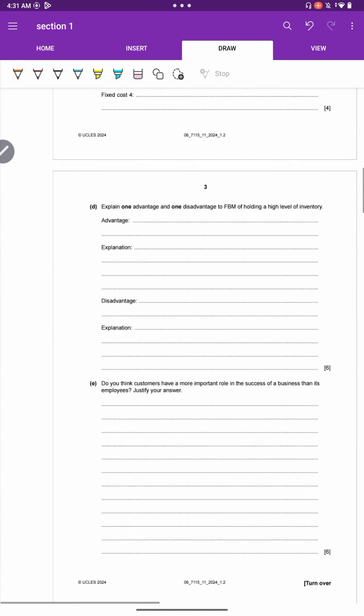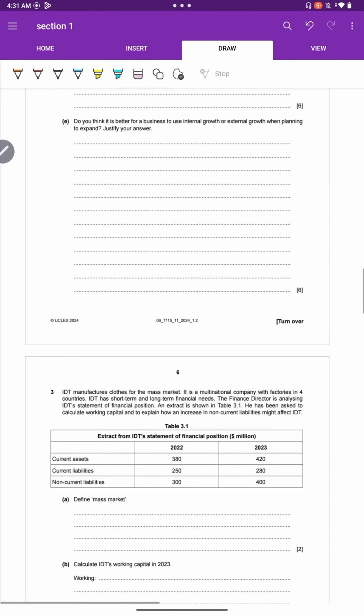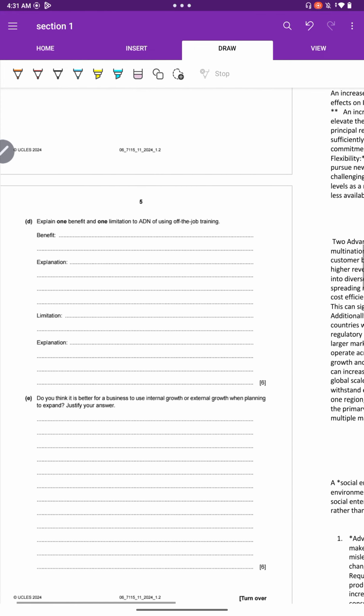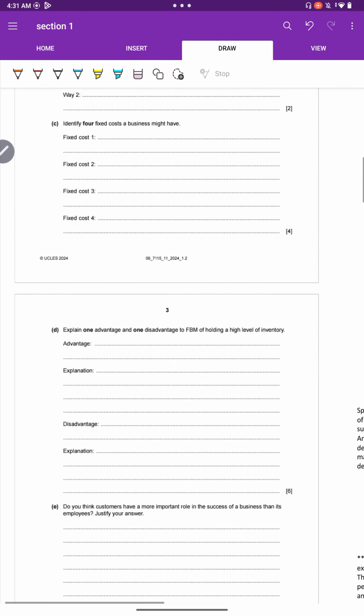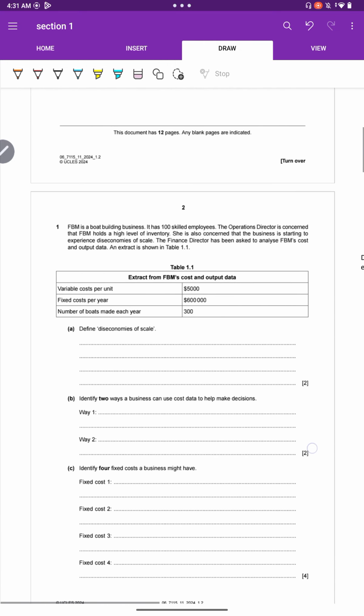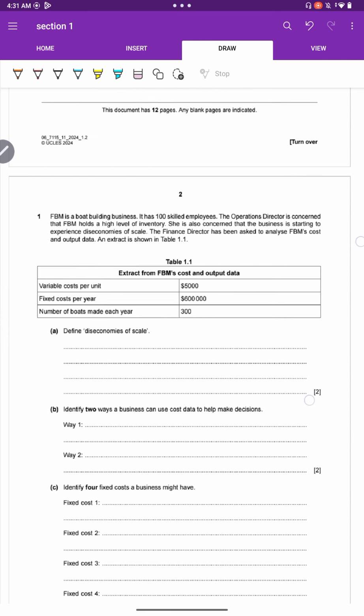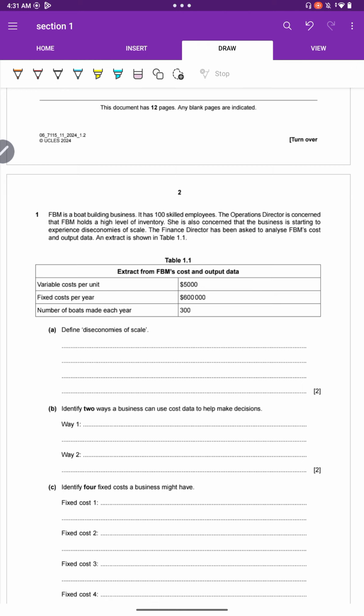First of all, I think we should start from question number one. We have a very short case study here. FBM is a boat building business.